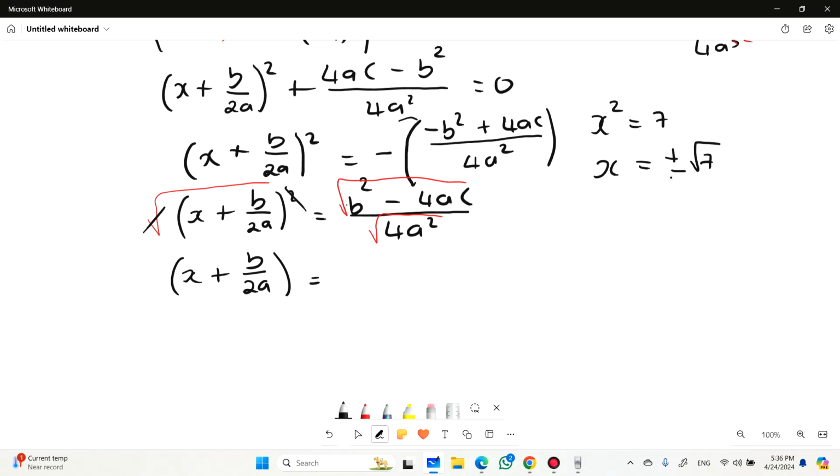So make sure that you understand that it's positive negative the square root of 7. But if a value in that case is a perfect square, so meaning x in that case we'll regard x as 2, it can also be positive negative 2, right?